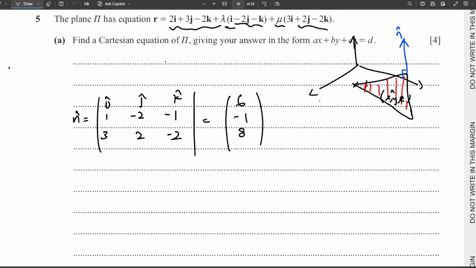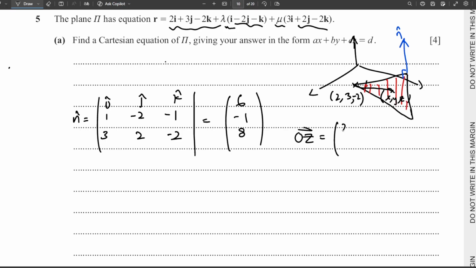Now we try to get an arbitrary point on the plane, or arbitrary vector on the plane. Let's say this is the point 2, 3, -2. And from this point to any arbitrary point, we can call this vector, say, OZ.